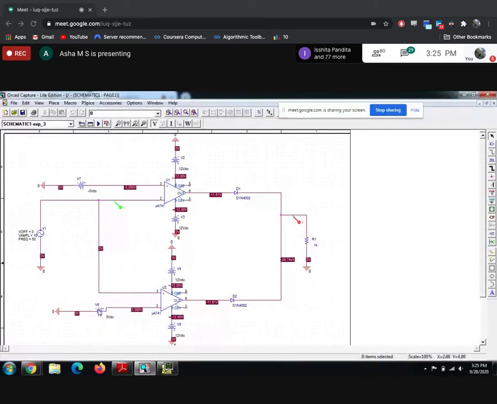Is it 1 volt or 3 volts? Three. Then you should get more. Check your wiring once. Your curve is not smooth. There are two junctions, check the junctions also.